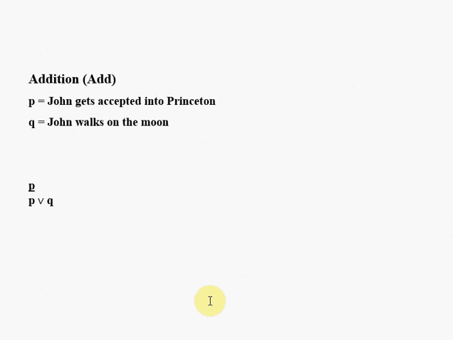And so that also means that we could add anything to that P. And as long as that P is true, as long as it's true that John gets accepted into Princeton, then anything can be added. So we could add really crazy things here, like let's add a different one.